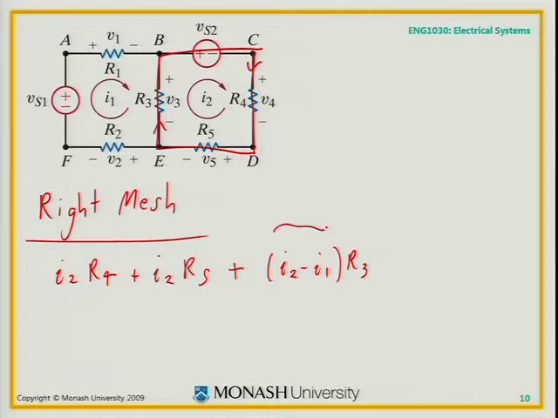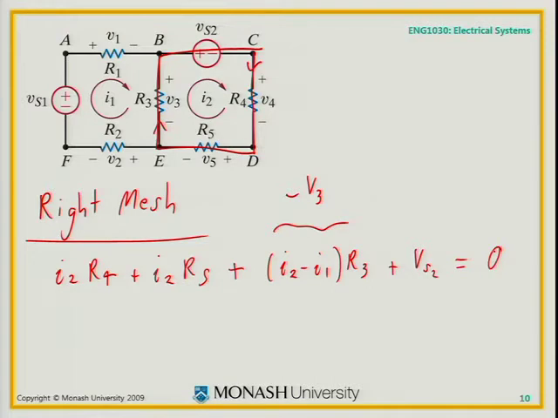which, if you just want to check, is minus V3. But we want everything in terms of I1 and I2. I've got VS2 to go. I go plus VS2 because I hit the plus sign first, and that equals 0.